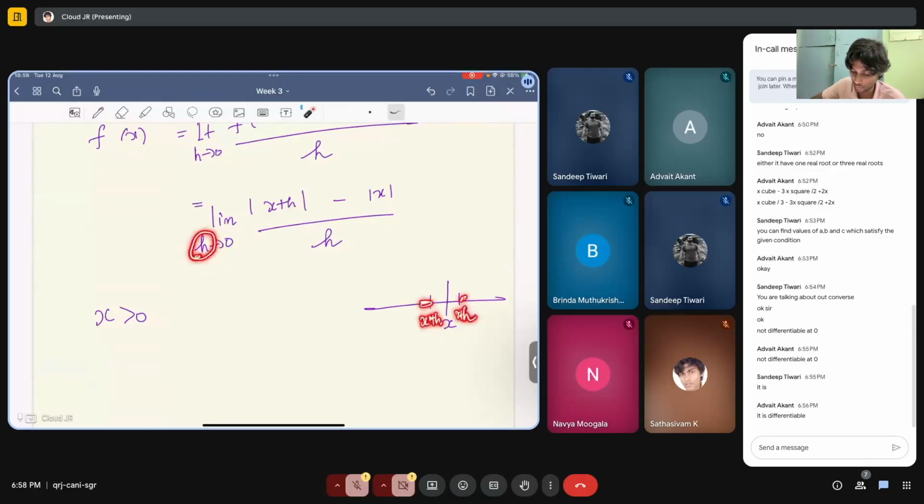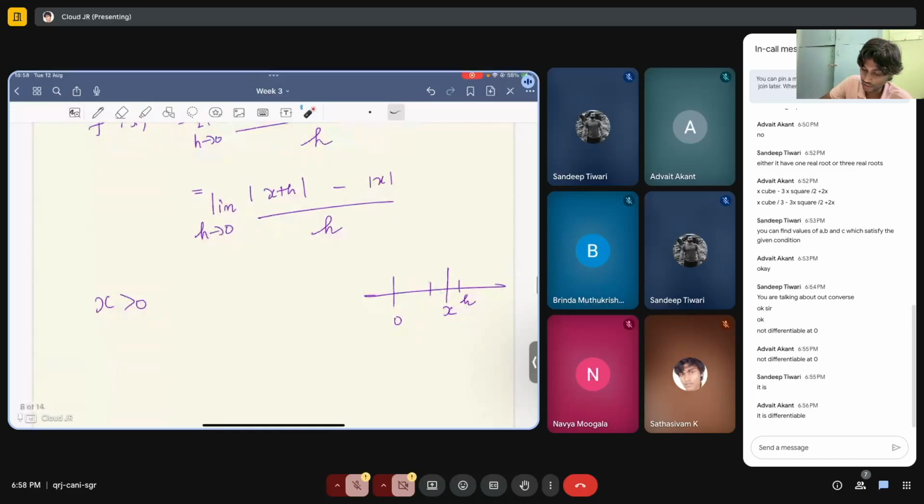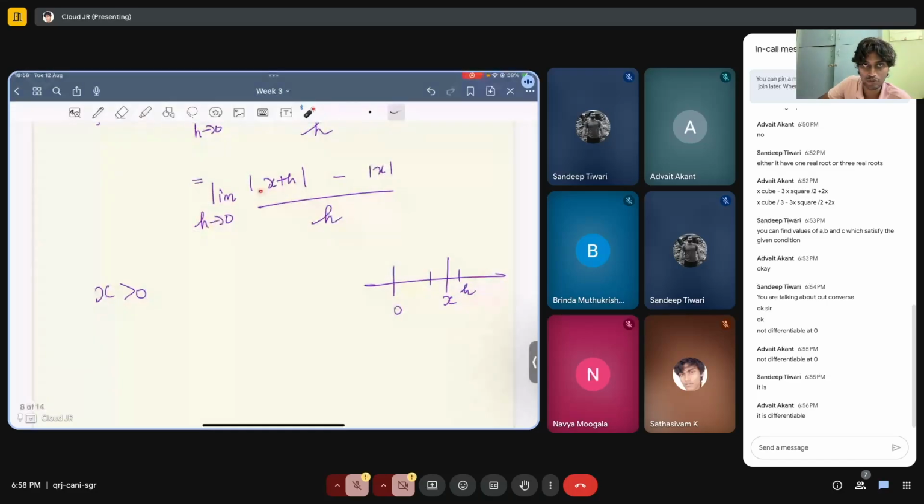But 0 and x have some gap, right? Since h is anyway going to 0, you just consider the h which are less than the difference of x. So for such an h, x plus h is always positive, right?